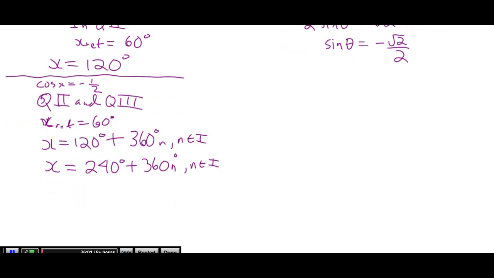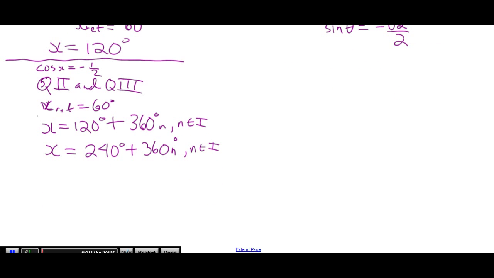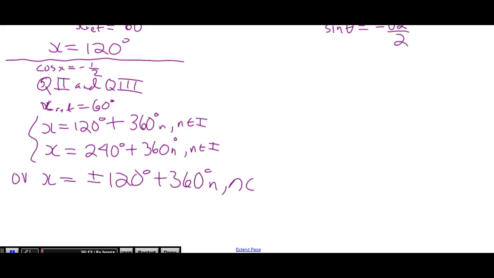Okay, what if you did this? So 240 is really just negative 120, right? So I think you're better off just going plus or minus 120 plus 360. And so it's the same idea, right?